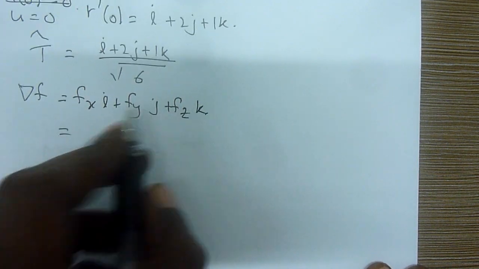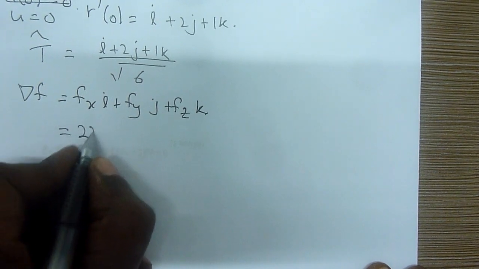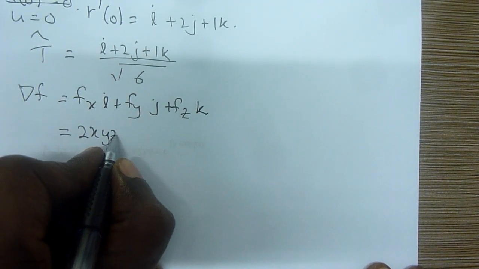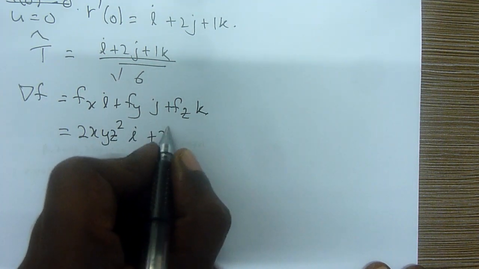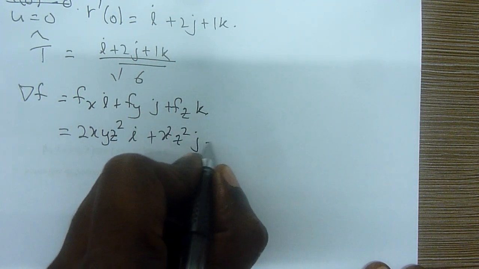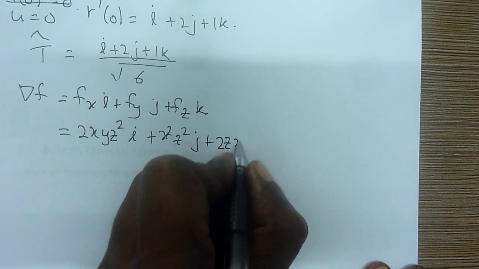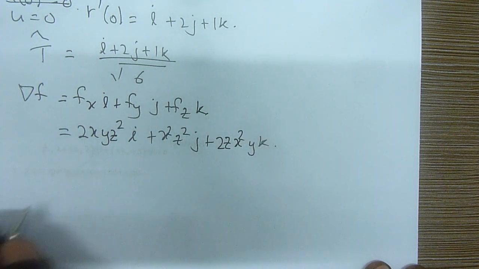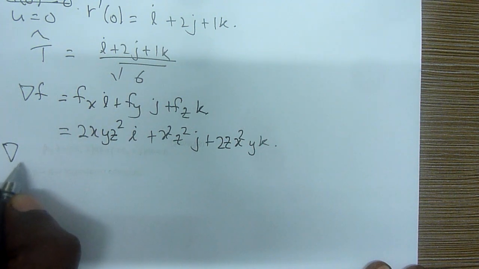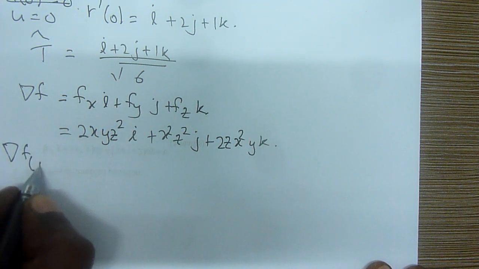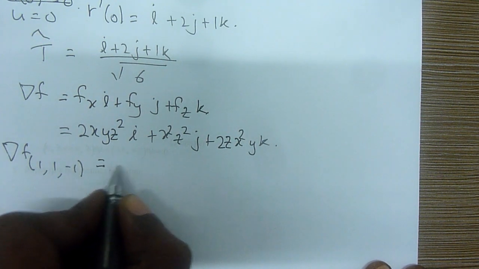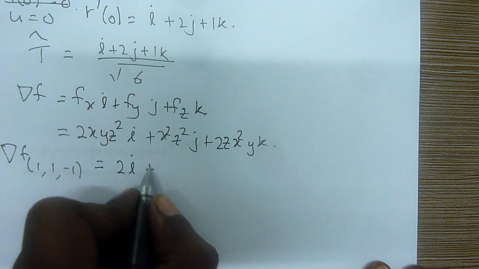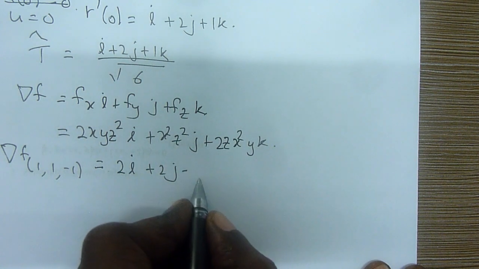This will give you 2xyz i plus x squared z j plus x squared y k, with the appropriate terms. Then when I substitute the point 1, 1, negative 1 into nabla f, I will get the solution 2j 2k.